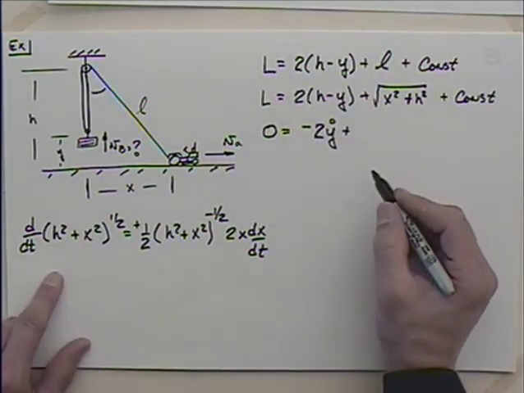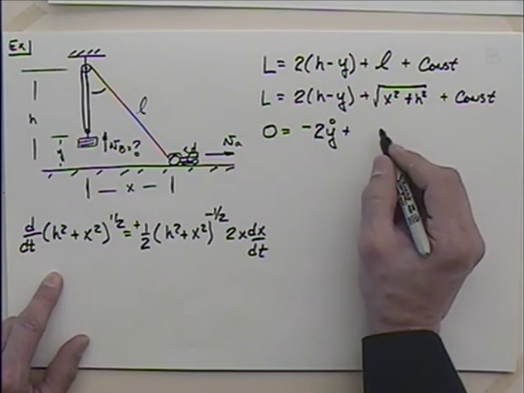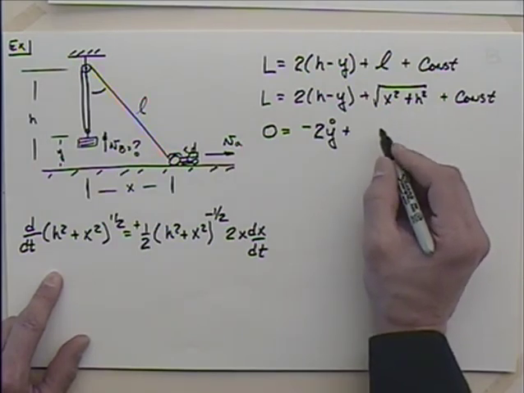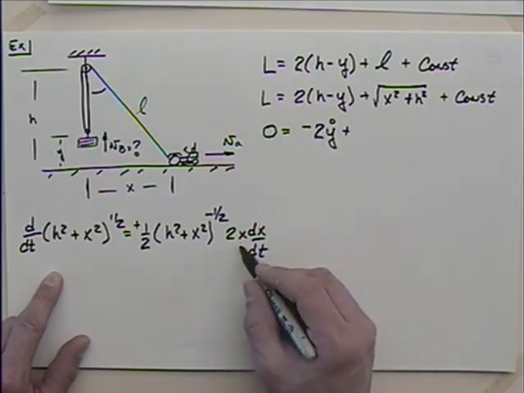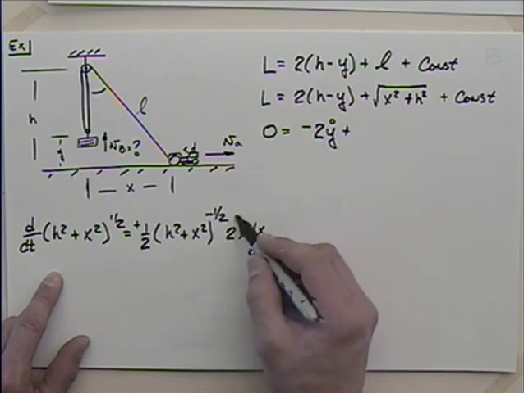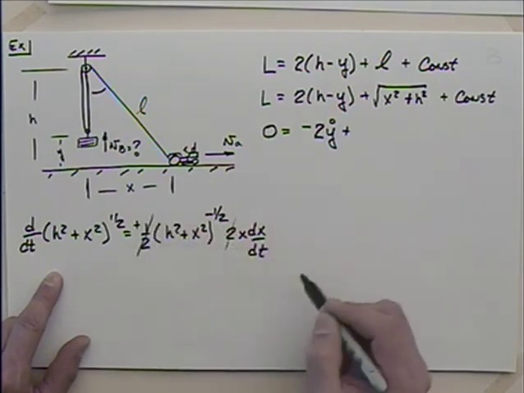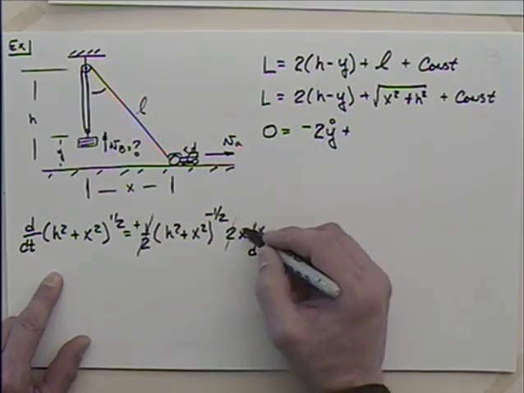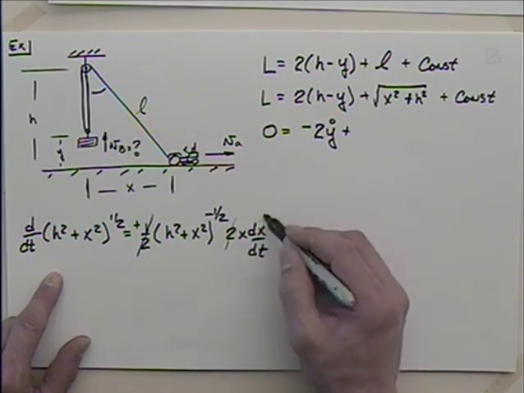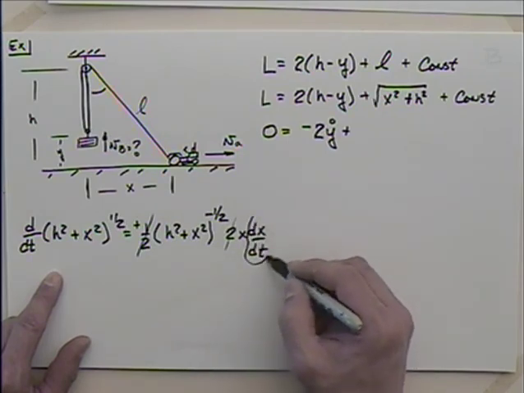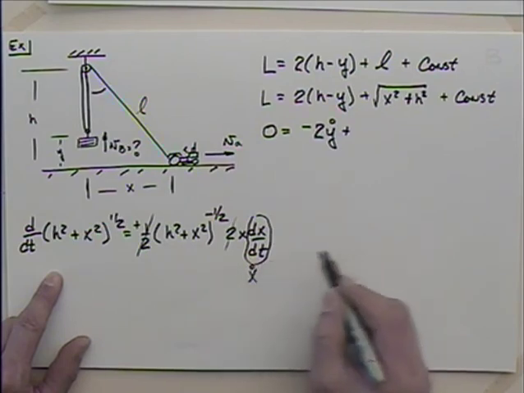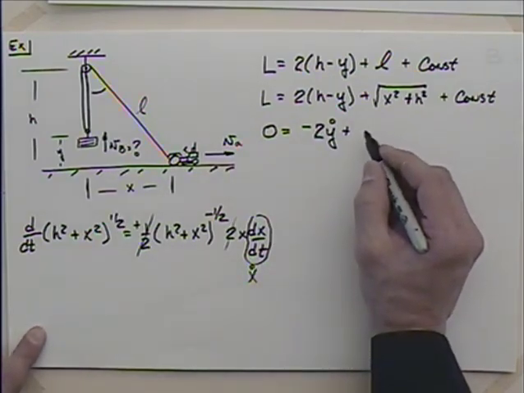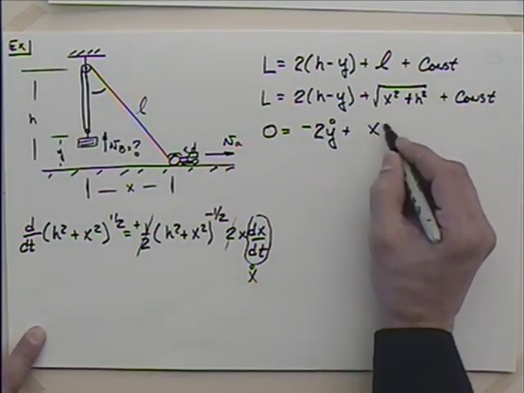So if I take my conclusion over here, I should have what? The 2's are going to cancel in this thing, the 2 and the 1/2. This x, I'll have an x, and what's dx dt? X dot, thank you. So I could write this as plus x times x dot.